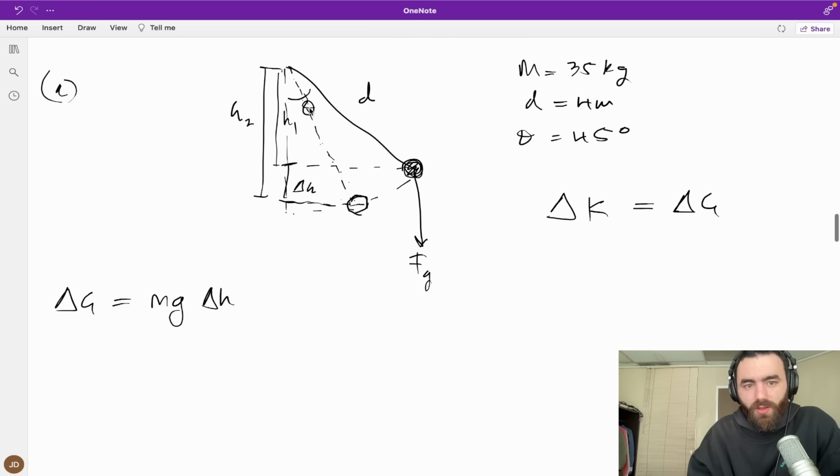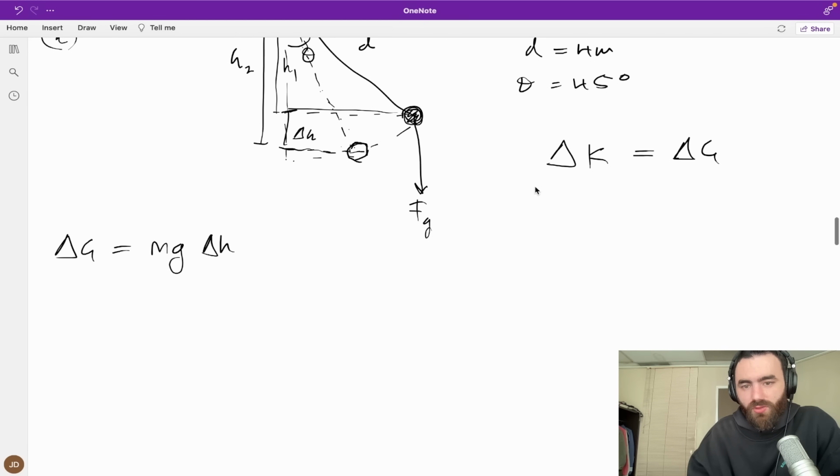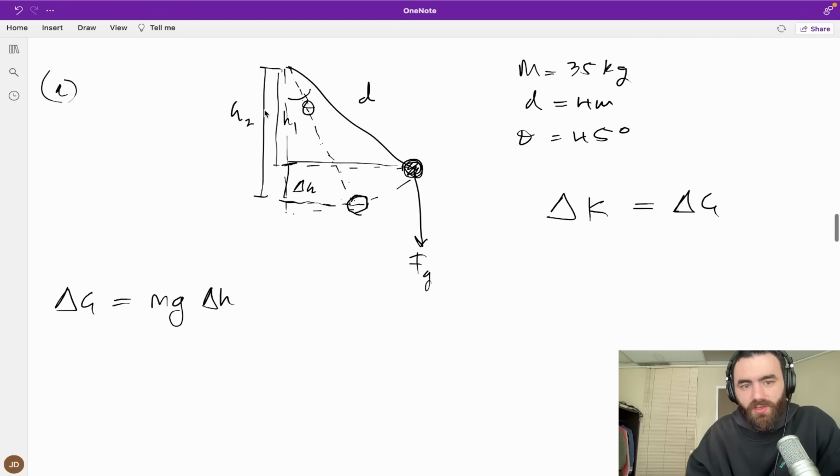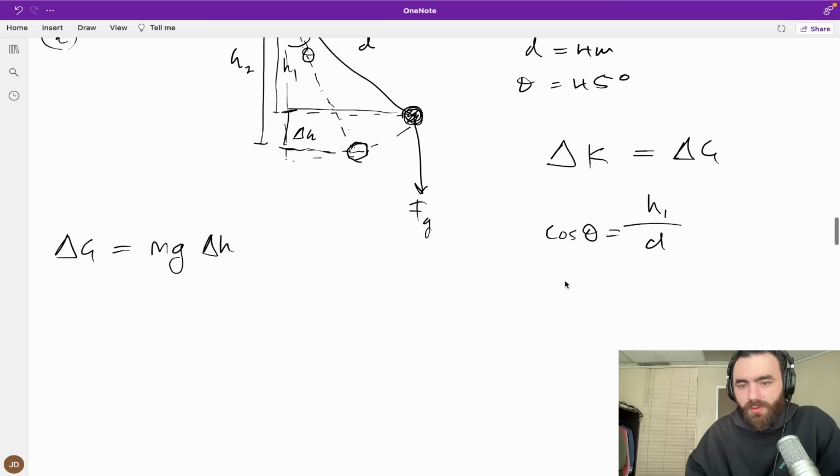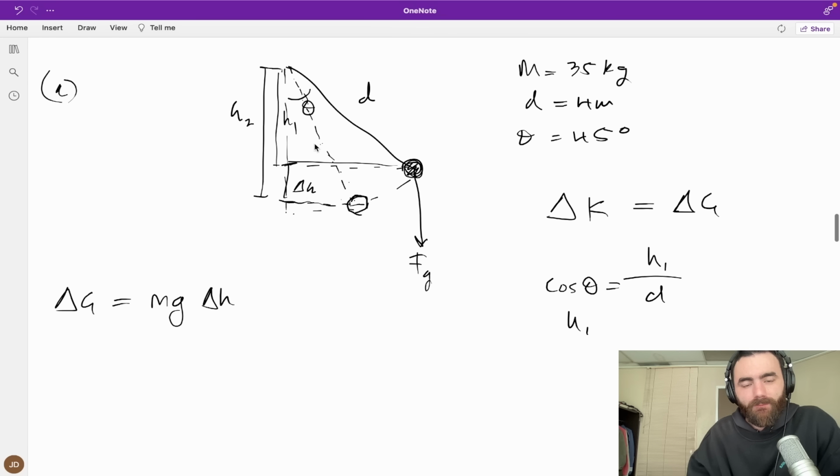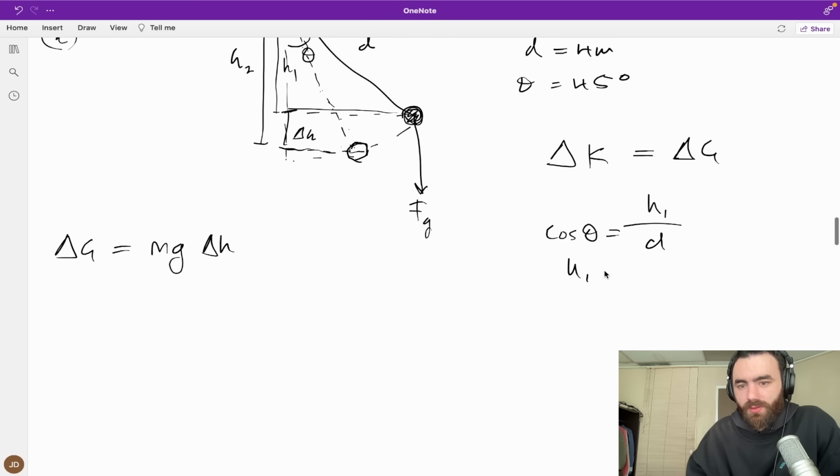Right, so how do we find this? Well, this is just two right angle triangles here. So for this H1, we have cos theta equals adjacent over hypotenuse, so H1 equals D cos theta.